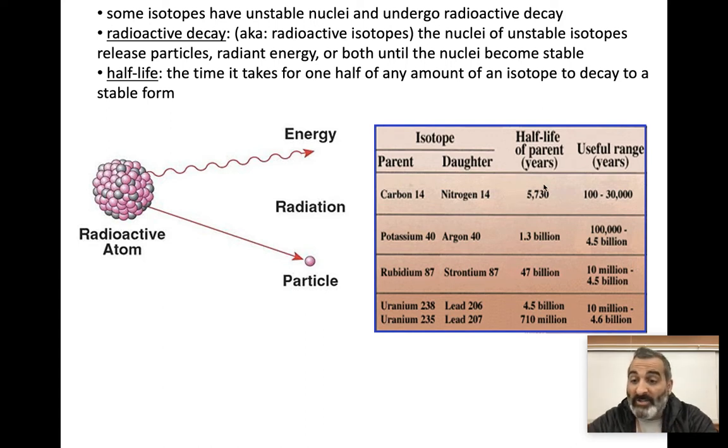The way we've aged the Earth, they have found rocks on the Earth and aged them. They didn't use carbon dating because carbon dating is only useful to a certain amount of years. They used uranium dating, and uranium breaks down into lead, which is stable. Uranium is not stable. Uranium dating is how we figured out the Earth is about 4.5 billion years old.